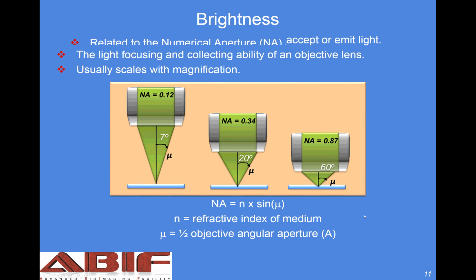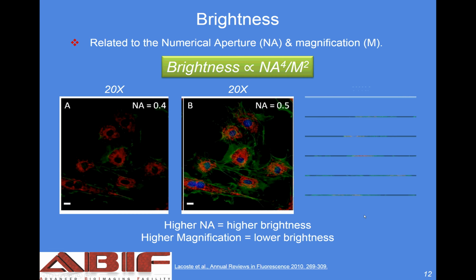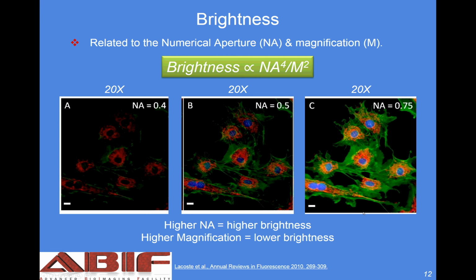One important aspect of lenses which is related to the numerical aperture is the brightness. These are images taken with 3 different 20x lenses, and you can see, going from a numerical aperture of 0.4 to 0.75, how much brighter the image is with the high numerical aperture.